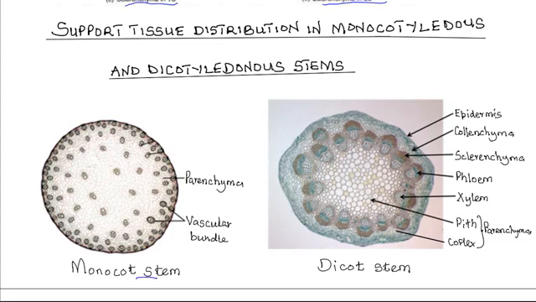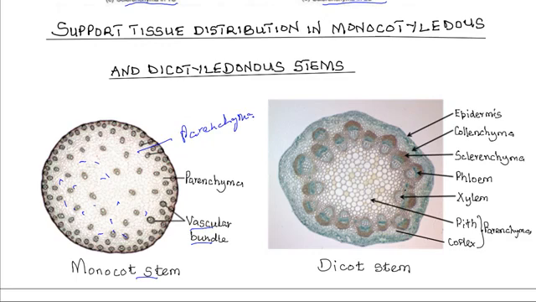In the monocot stem, the vascular bundle, that's where we have the xylem. The vascular bundles are scattered, and in between we have the parenchyma cells. These are the parenchyma cells that, when turgid, provide mechanical support.